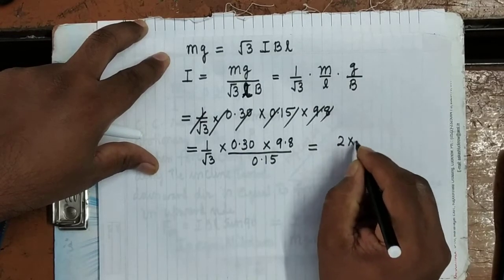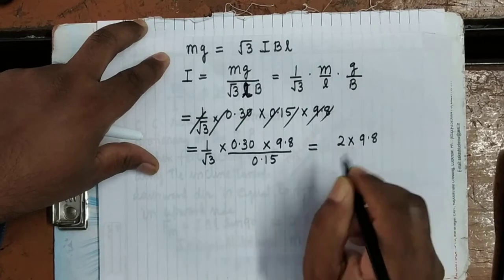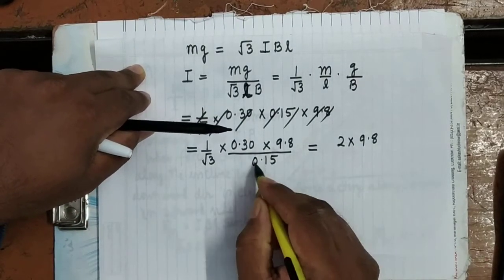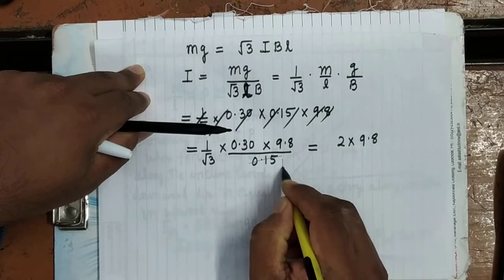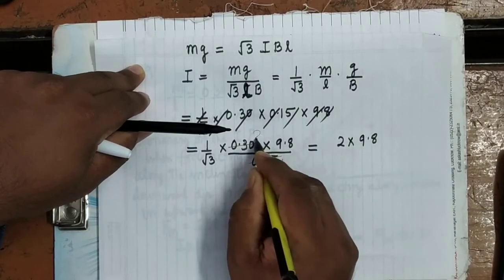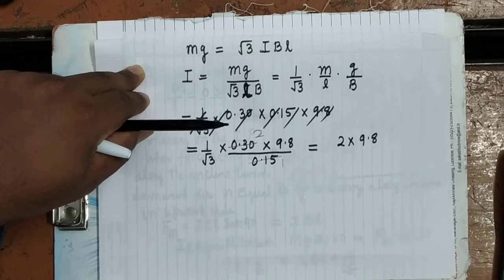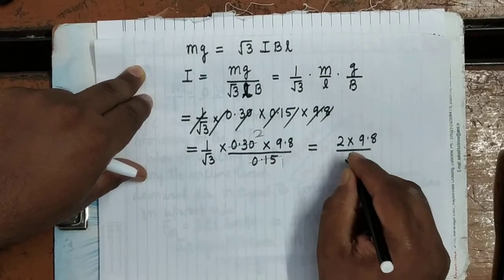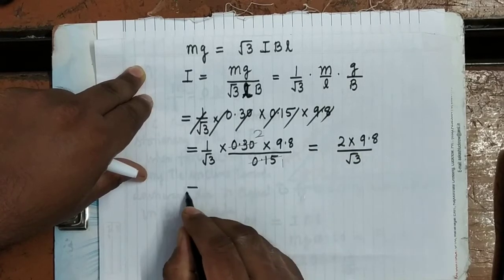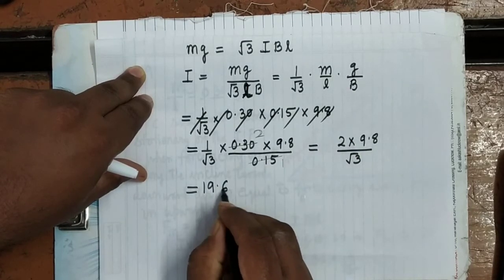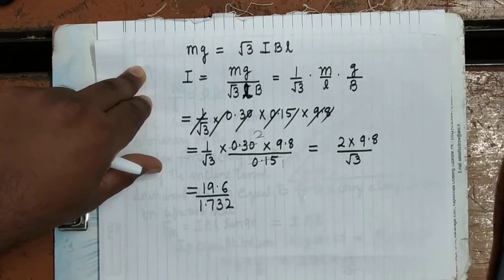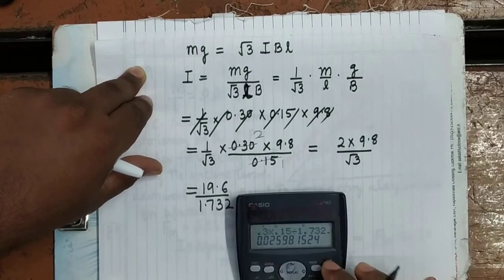So 2 into 9.8. The 0.15 in the numerator and the 0.15 in the denominator cancel out. It's clear. So upon root 3, this equals 19.6 upon 1.732. You can calculate it because you have a calculator.